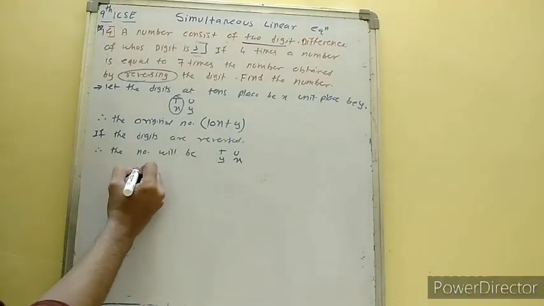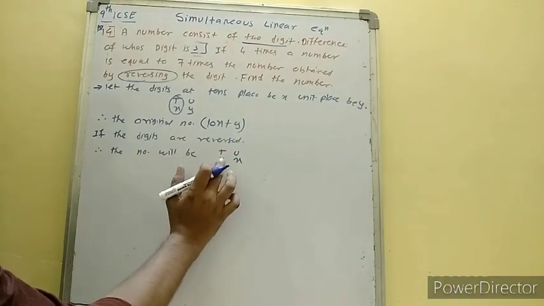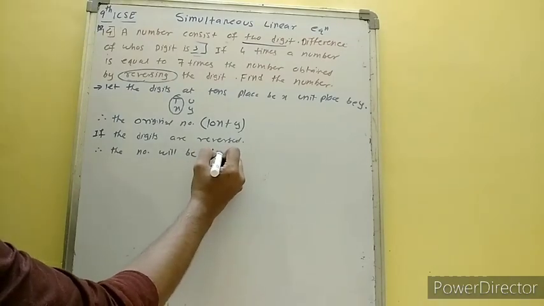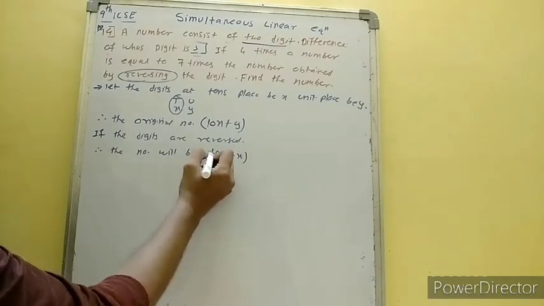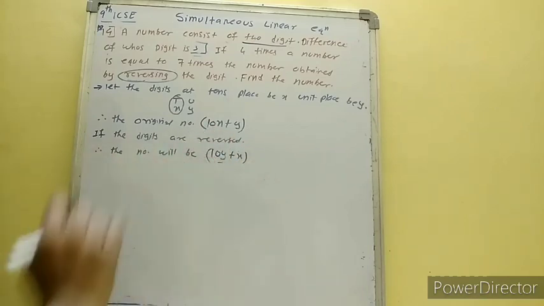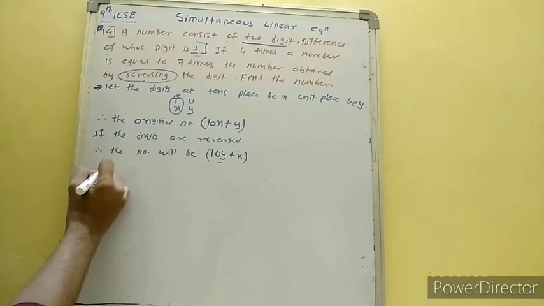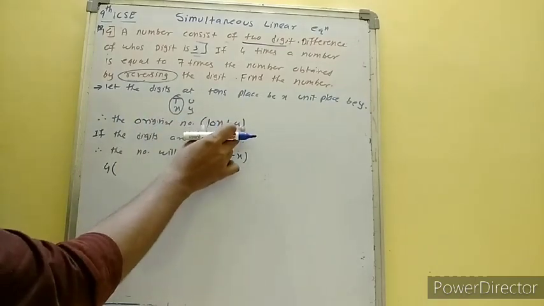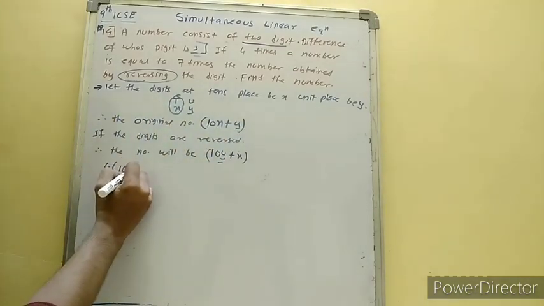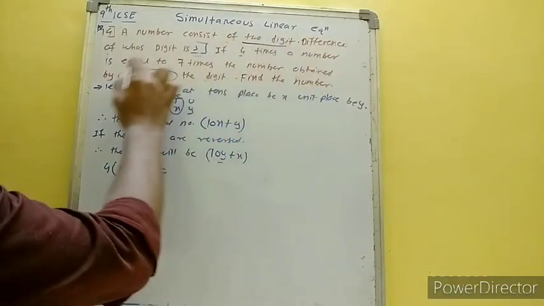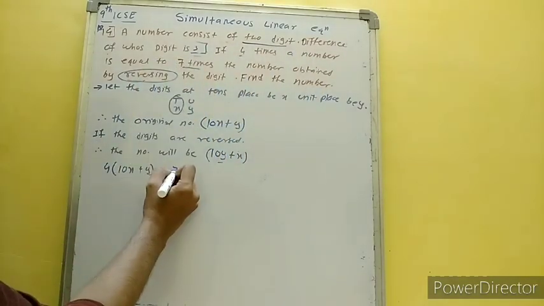Therefore the number will be 10y plus x, exactly opposite to the original one. What they have said, 4 times the number, number means original number. 10x plus y is equal to, 4 times the number is equal to 7 times.